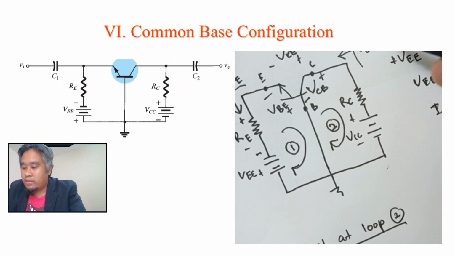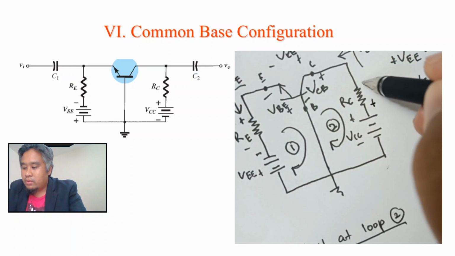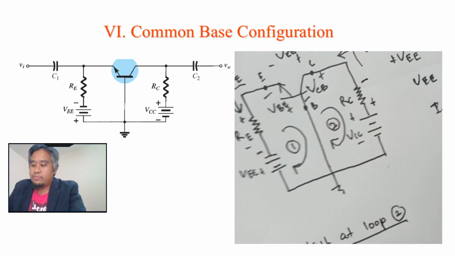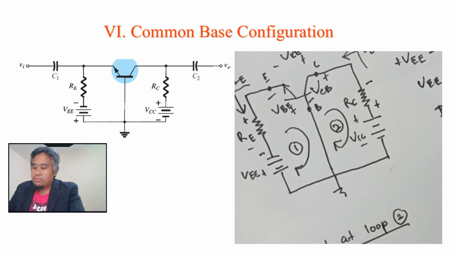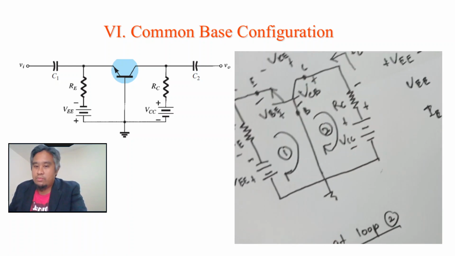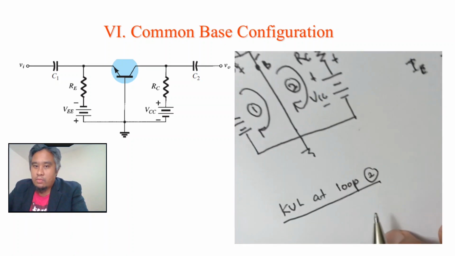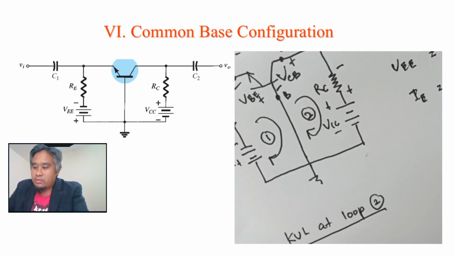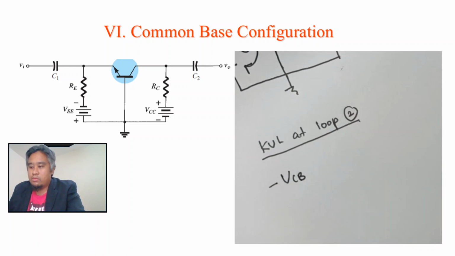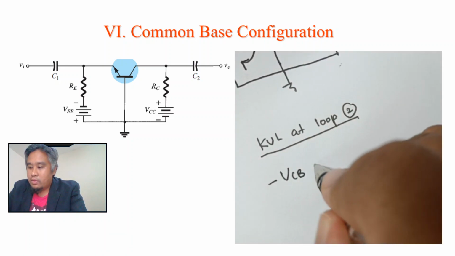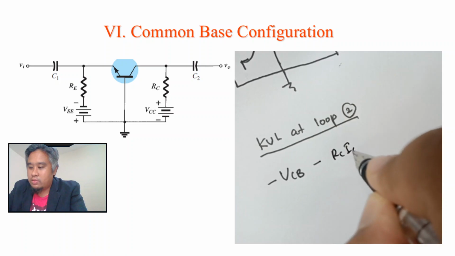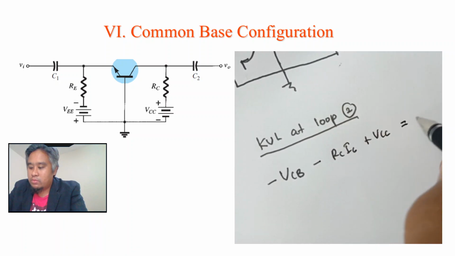This one is positive, and this one is negative. So we have minus VCB minus RC IC plus VCC equal to 0.